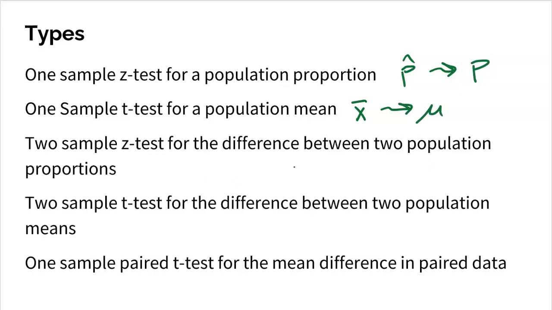We have a two-sample z-test for the difference between two population proportions. That's where we're going to use the difference between two sample proportions drawn from two different samples. And that, in and of itself, is one number. I know that looks like two numbers. Let me slow down here for a second.